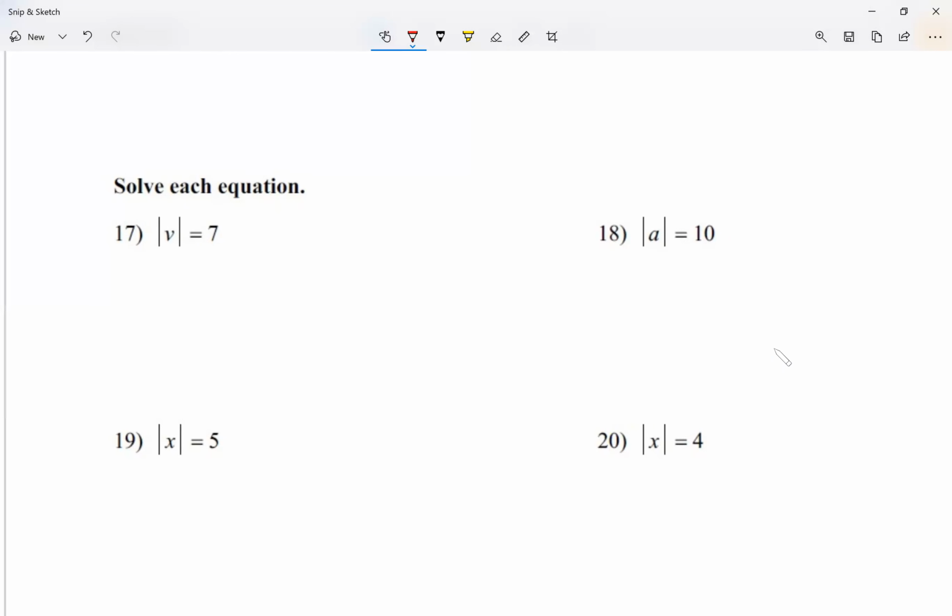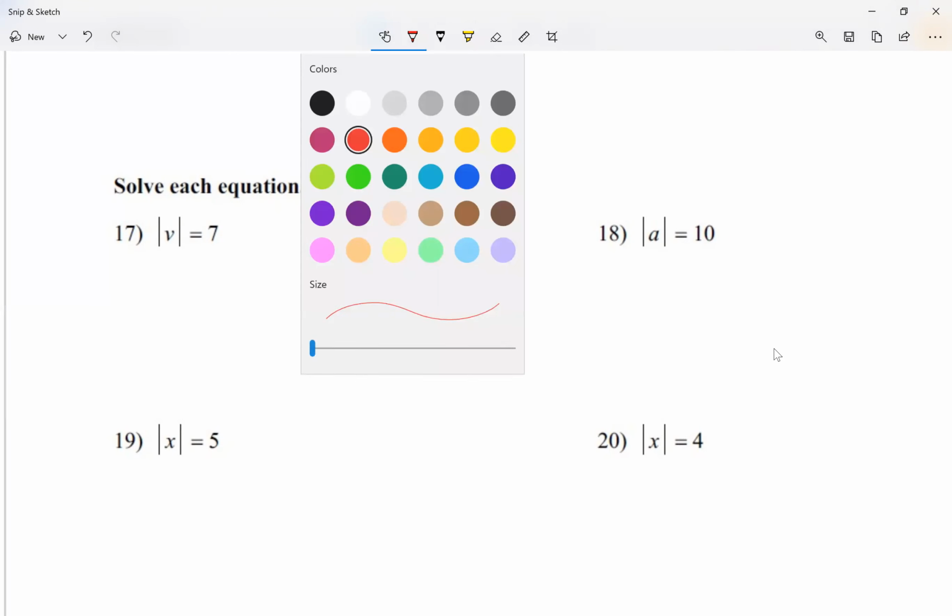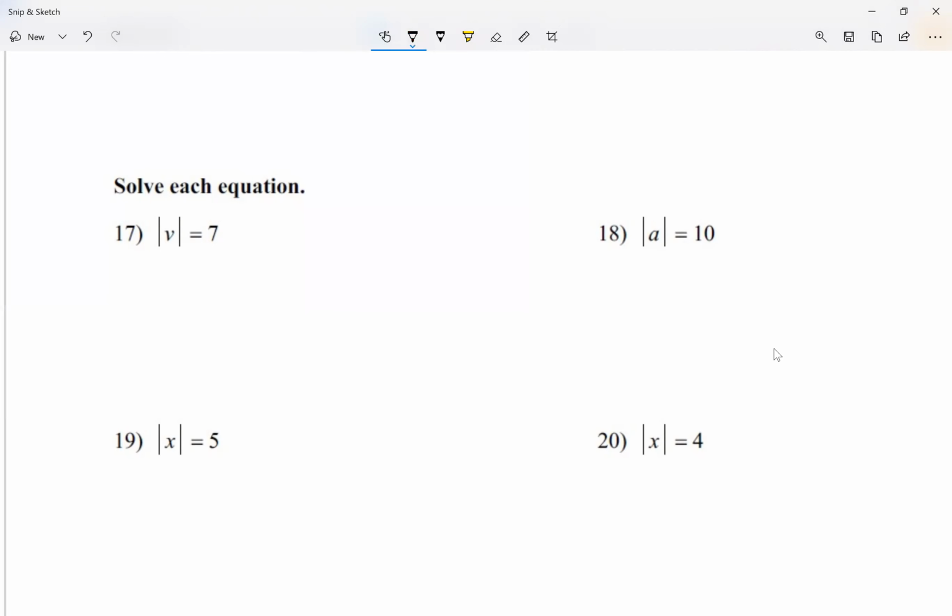distance from 0. Now let me draw my number line. Now, interesting here is that it doesn't tell me whether my number is to the left of 0 or to the right of 0. If it was to the right of 0, I will have to go 7 spaces.